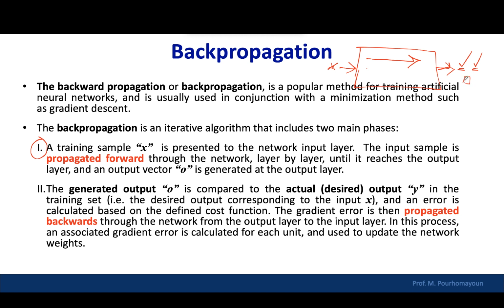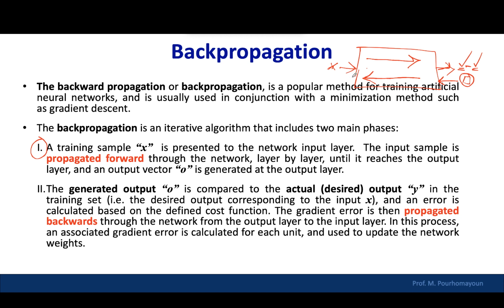So at the beginning the error will be high. I measure this error, I mean the difference between these two. You can use one of those cost functions that we just defined to find this error and find the gradient of that, and then backpropagate this error gradient into the network. So it's like moving backwards in the network, and this time we backpropagate this error gradient into the network, moving backward, using the same weights, and we update the weights during this process of backward propagation.